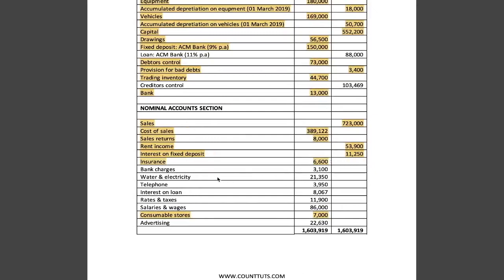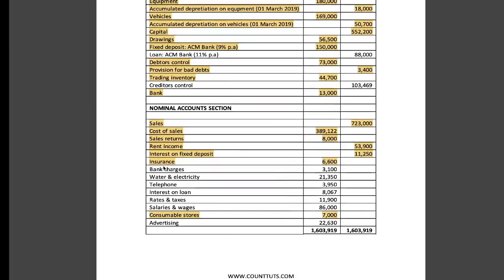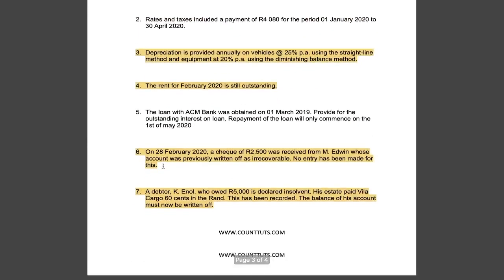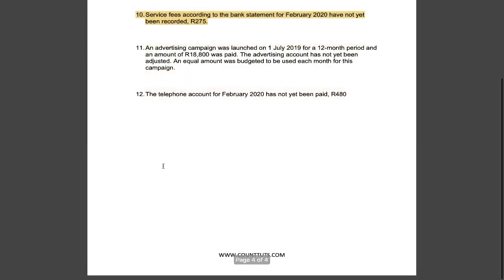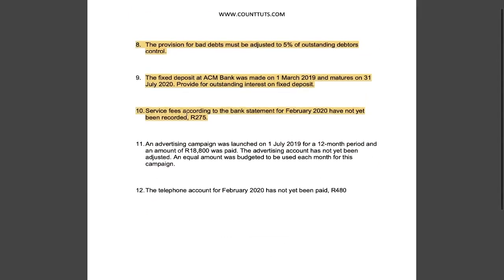Okay, the next one we have is bank charges. Bank charges, and we are given there 3,100. Okay, and then we go to additional information. And here number 10, okay, I shouldn't have highlighted it as yet. Remember, service fees forms part of bank charges, and we're told that the service fees according to the bank statement for February 2020 have not yet been recorded, and it's 275 rand.